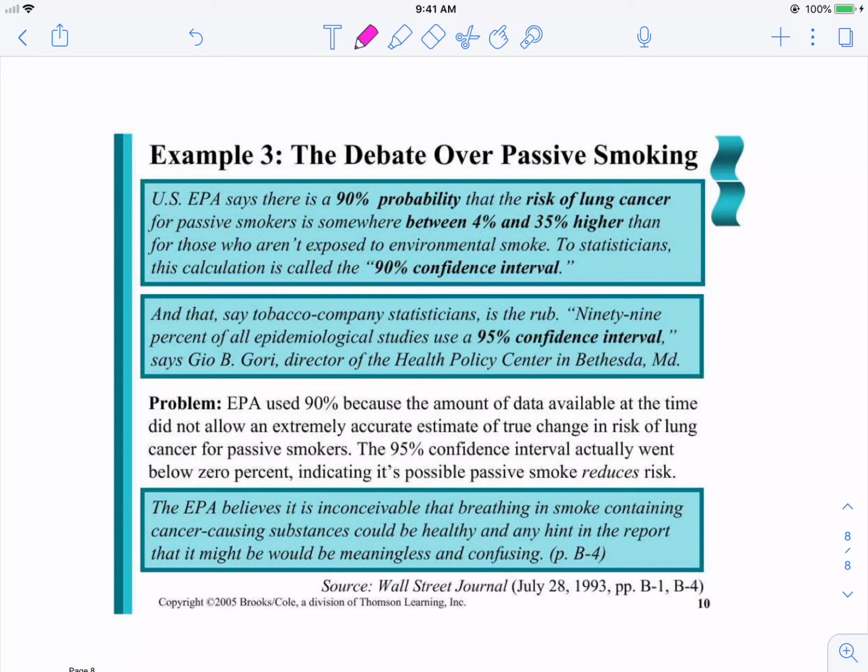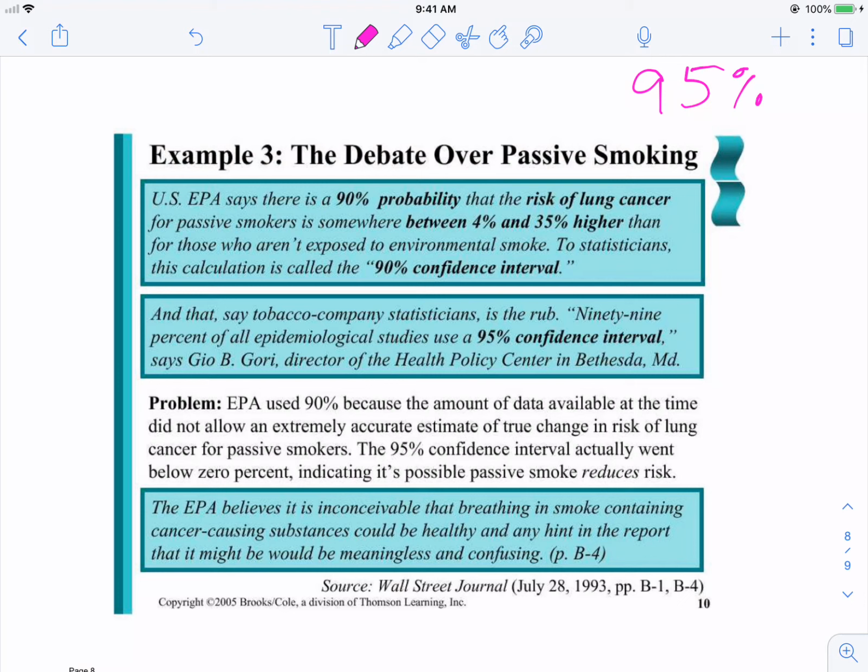Now, remember, I just said at the beginning of this lesson that almost all of the time you see a 95% confidence interval used. And that's what the tobacco companies tried to call out this study on. Okay? The tobacco company statisticians said that 99% of all epidemiological studies use a 95% confidence interval, said this person for the Health Policy Center in Bethesda, Maryland.